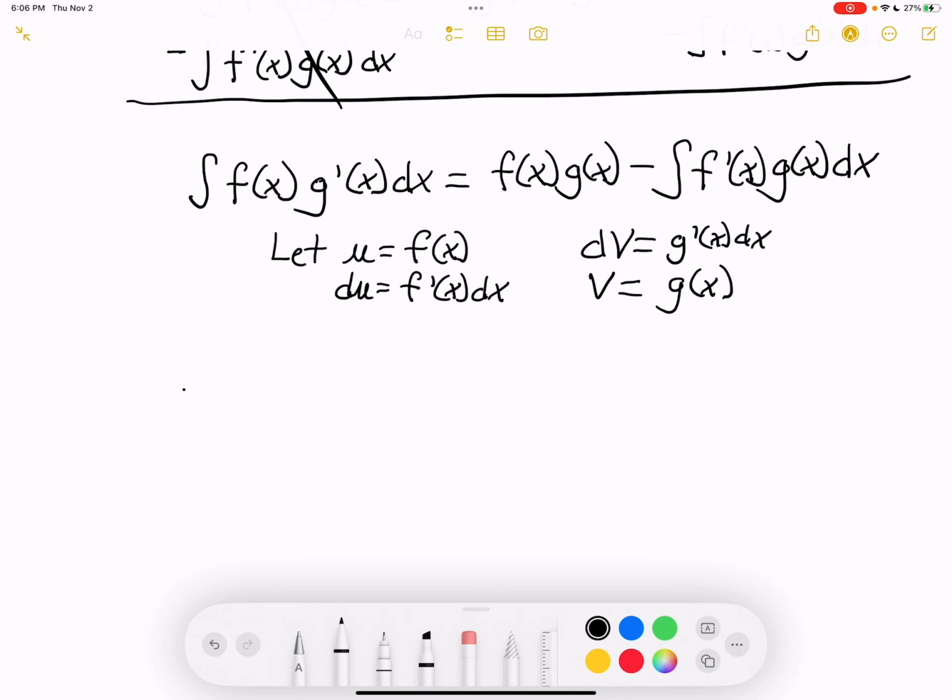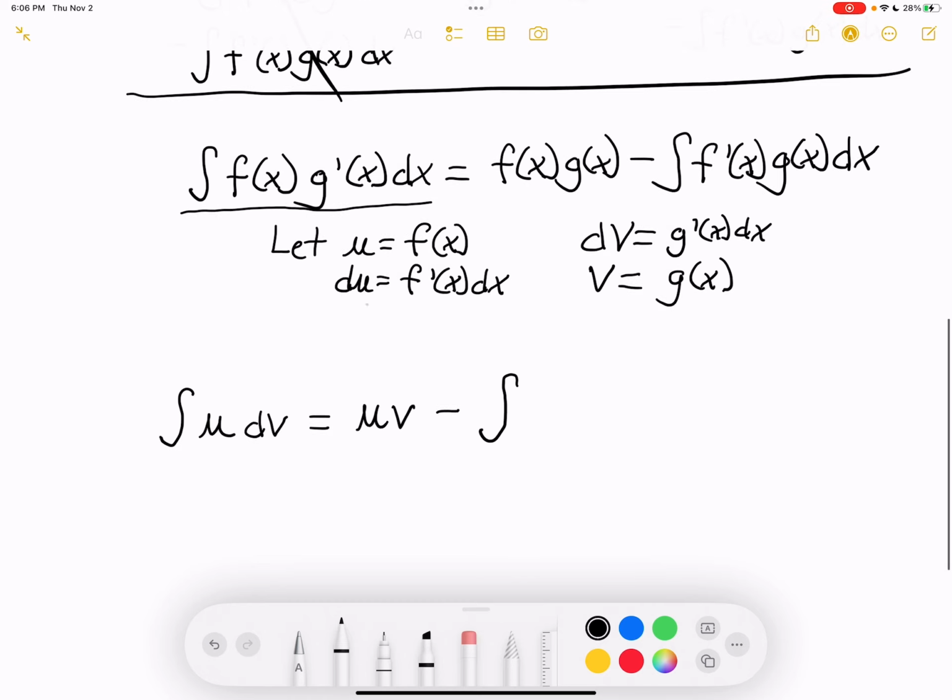And now let's rewrite this formula using u and v and du and dv. So the original on the left says f of x times g prime of x dx. Well, f of x is u, and g prime of x dx is dv. So u dv is equal to f of x g of x, so that's simply uv, u times v, minus the integral f prime of x, which is du.